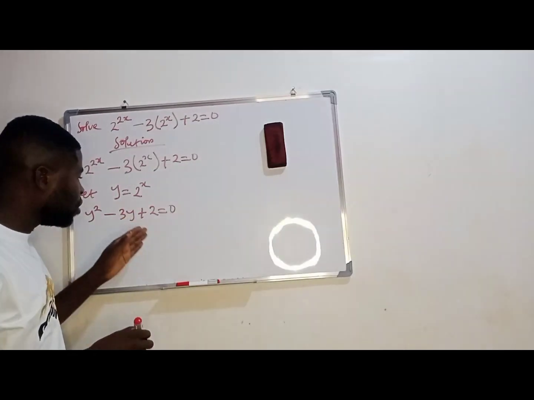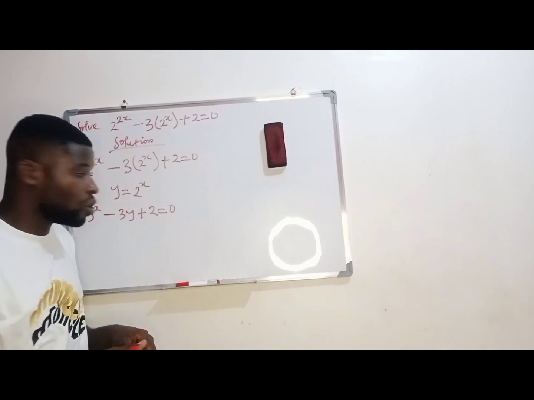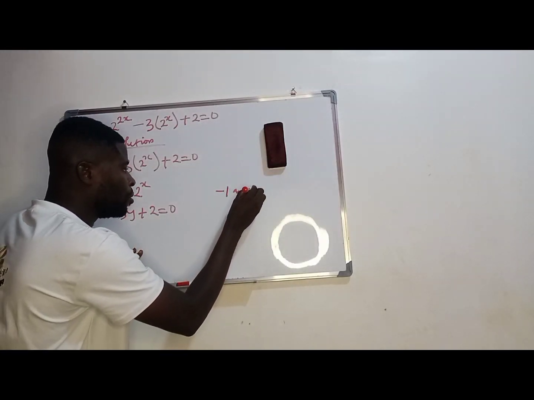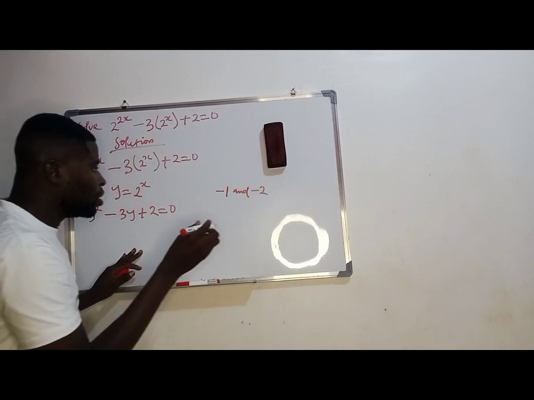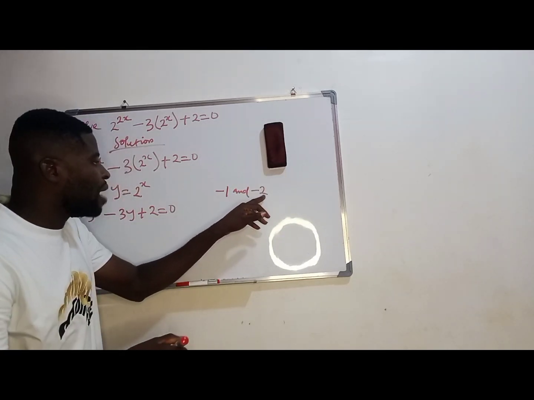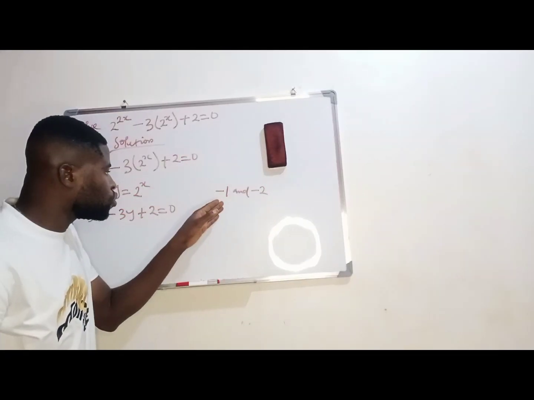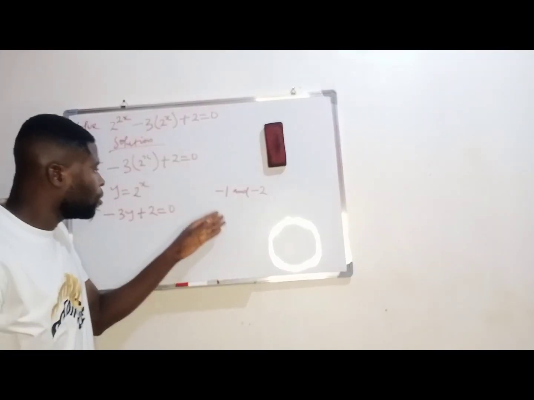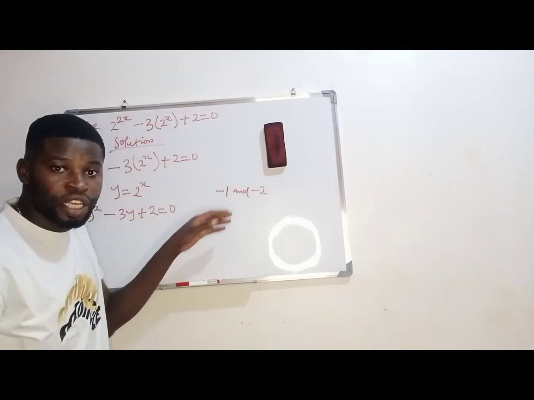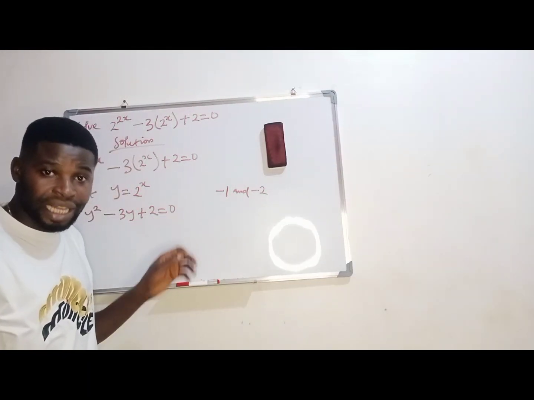And now, from the question, the two numbers that will do that for us are minus 1 and minus 2. Minus 1 multiplied by minus 2 is equal to 2. Minus 1 minus 2 will give us minus 3.